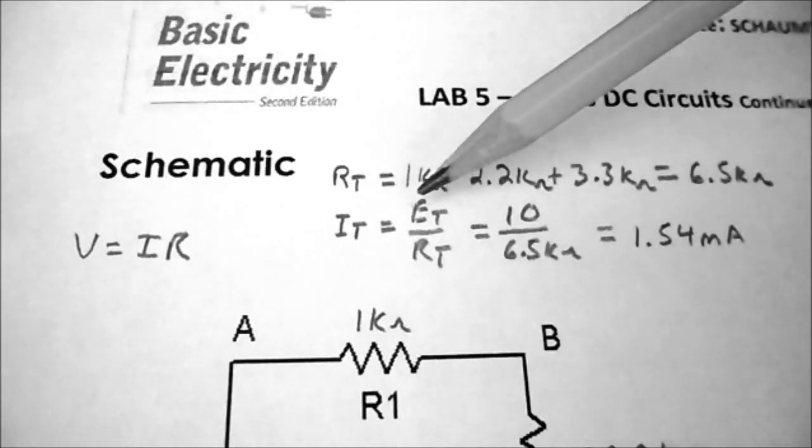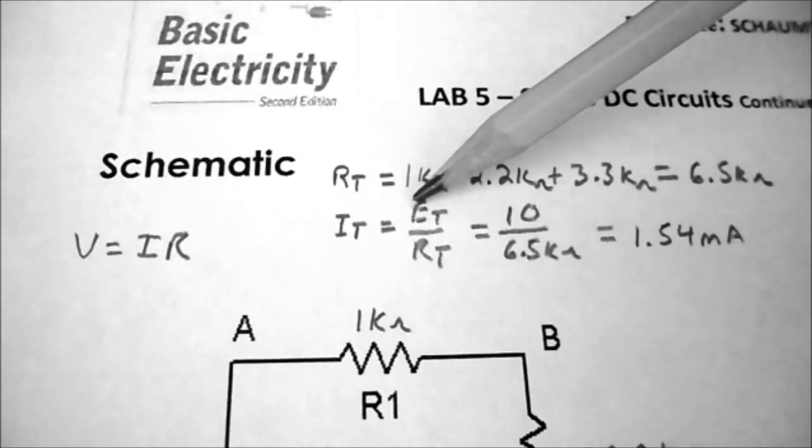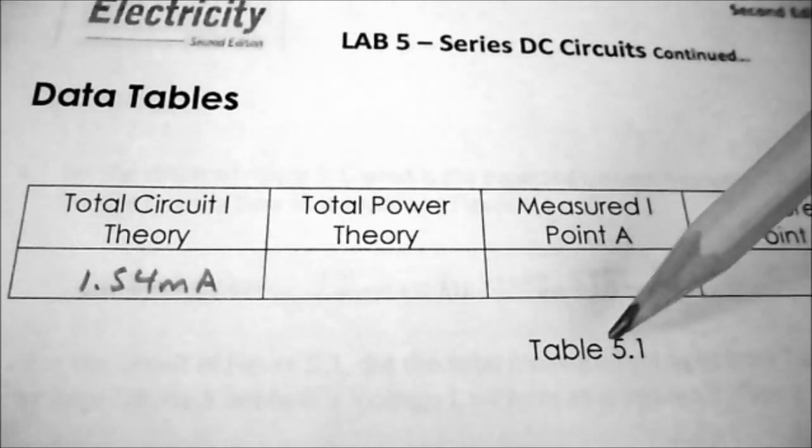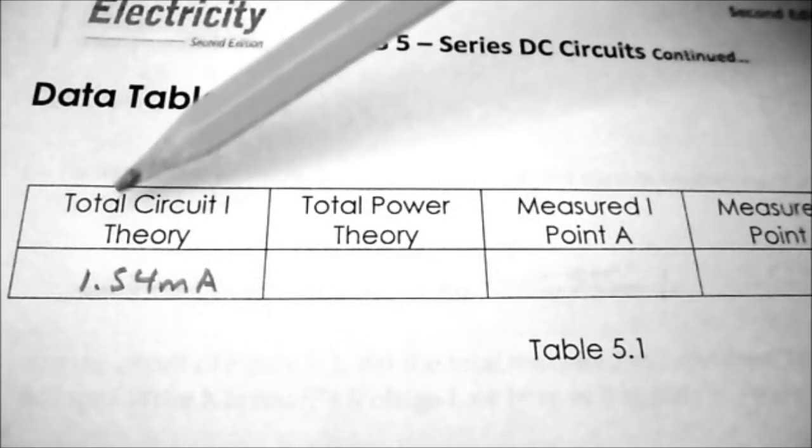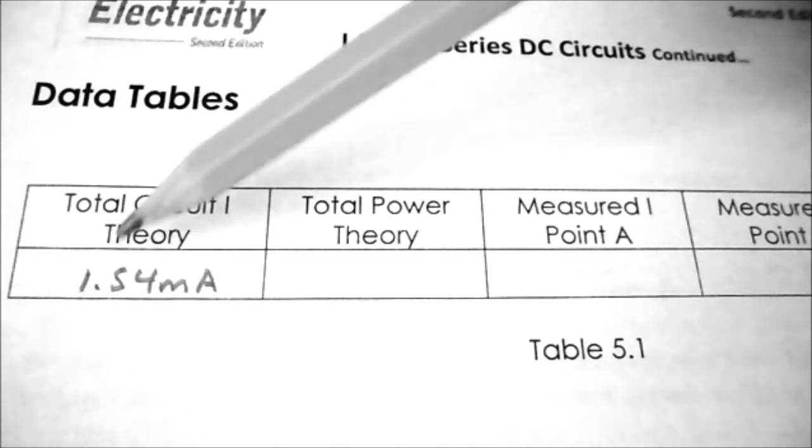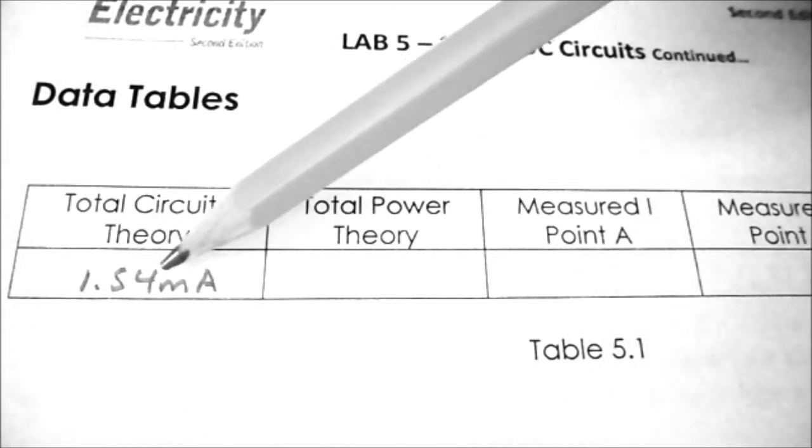Sometimes students have problems trying to figure out when to use E and when to use V. E is the applied voltage. V is usually used for voltage drops. So over in Table 5.1, we can now record the total circuit I theory as 1.54 milliamps.